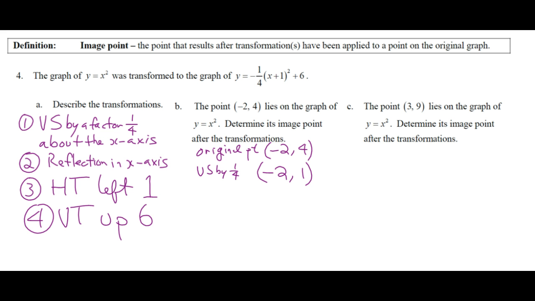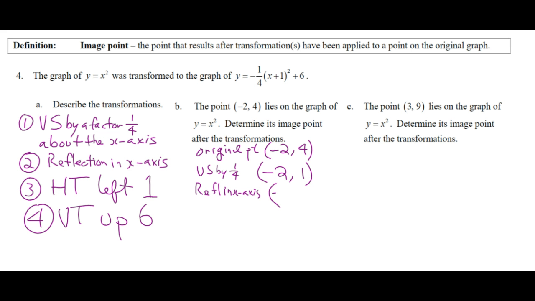Next, we're going to do reflection in the x-axis. So what's my new point? If we're reflecting in the x-axis, think about it. You're here at -2, 1. Here's the x-axis. You have to flip down under. So we take the y value and replace it with a negative.